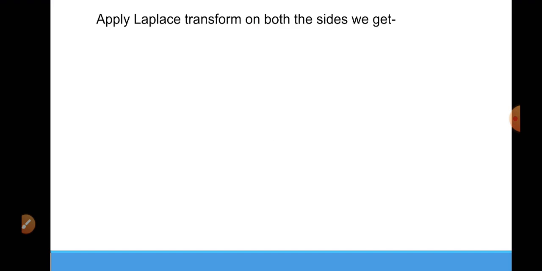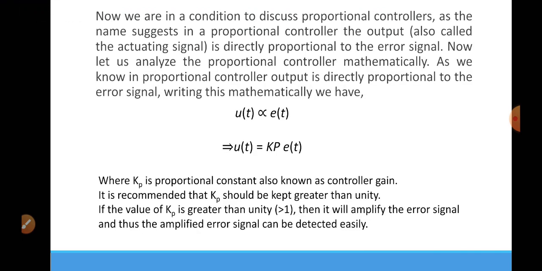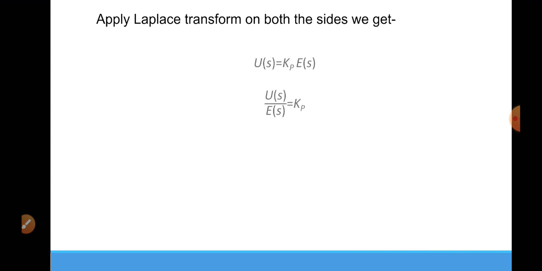Now let us see, if you apply Laplace transform to both sides, you get U(s) equals Kp into E(s), where u(t) is converted to U(s), and e(t) is converted to E(s), and Kp, since it is a constant, is kept as it is. So U(s) equals Kp into E(s) will be your first equation.